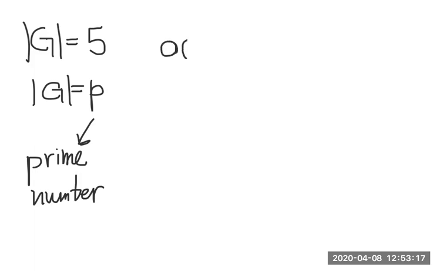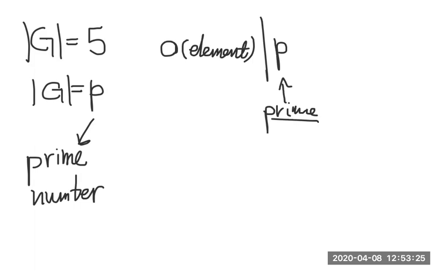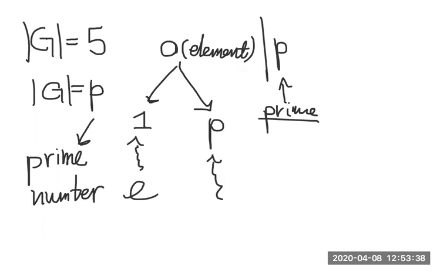But when P is prime, the only natural numbers which divide P are 1 and P itself. The only element with order 1 is the identity. So every other element in the group G, their order should be P.